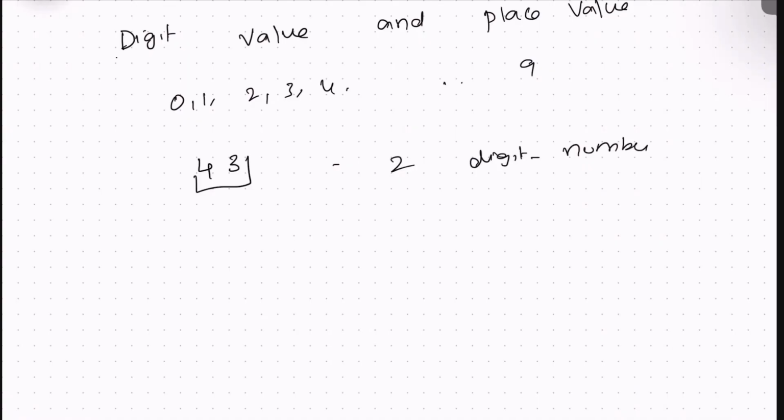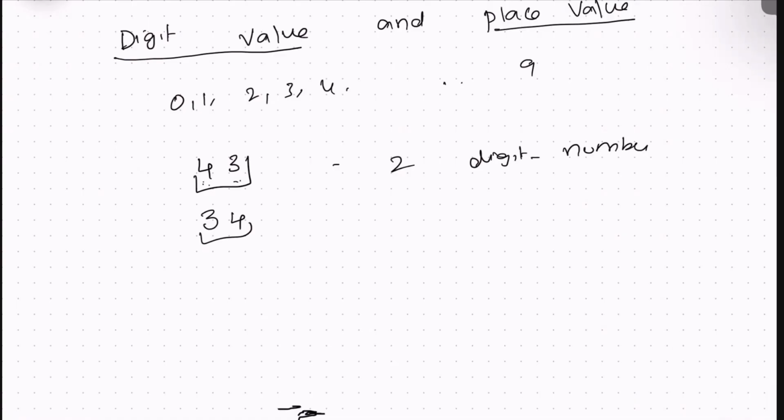Now let us understand the concept of digit value and place value. If I interchange the digits in this number, it forms a different number. Now it is 34.